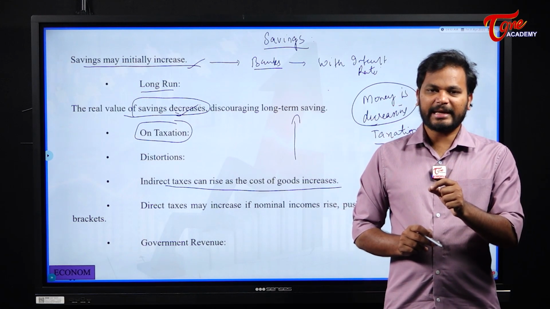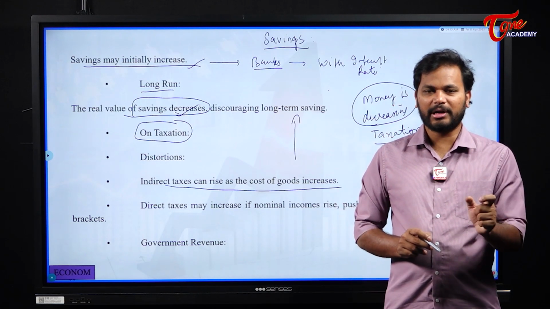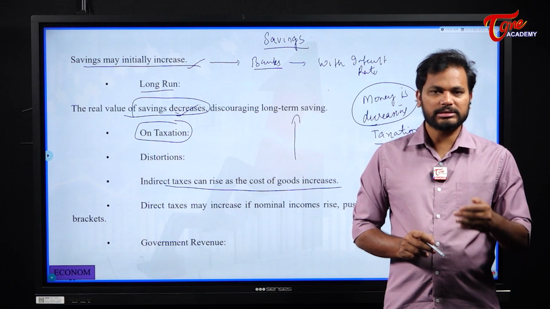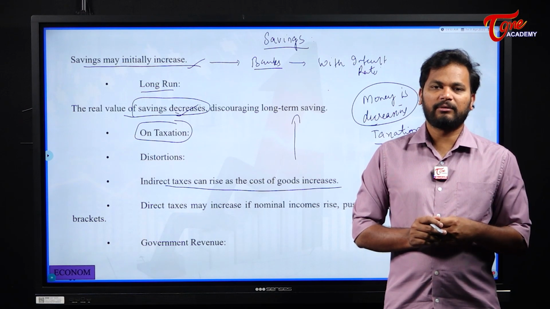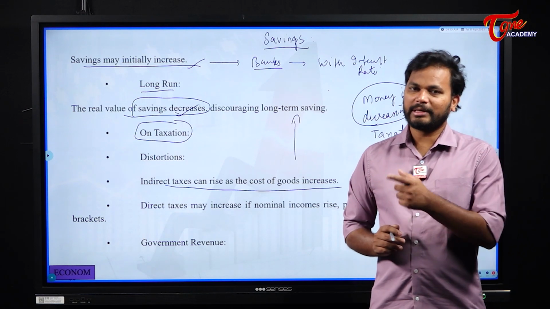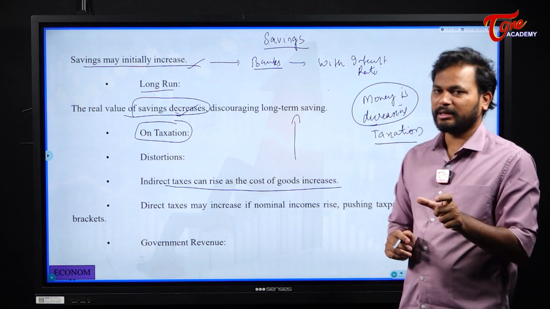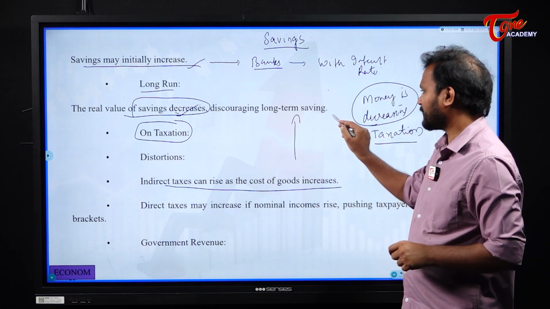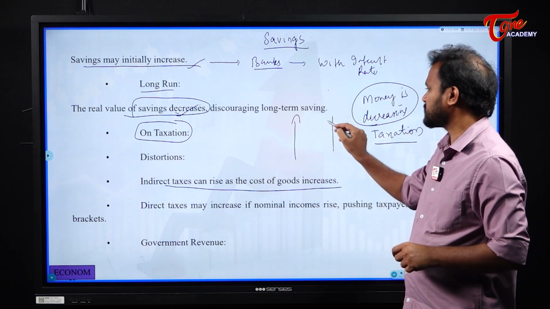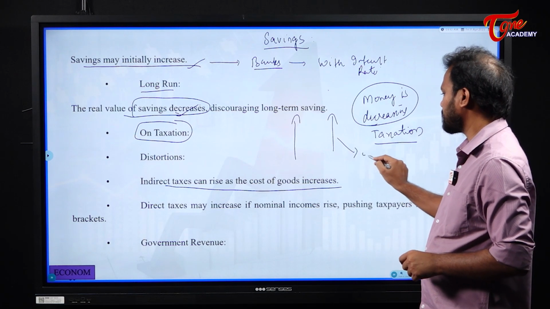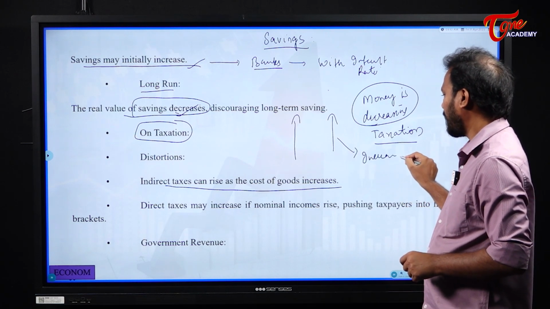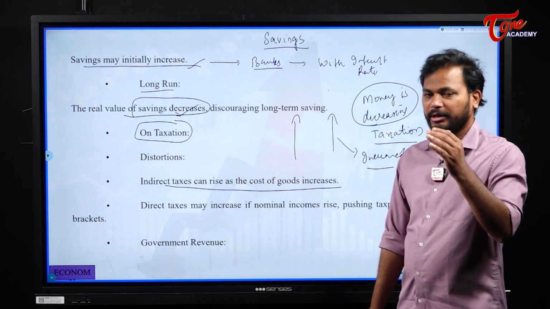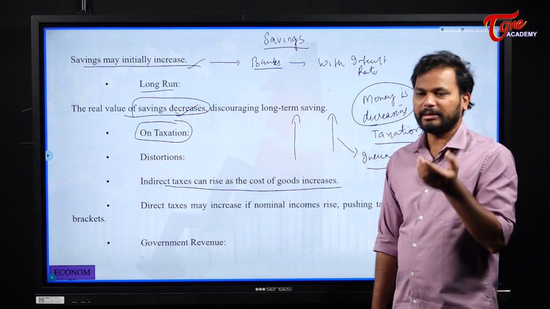Because indirect taxes are added to a particular product. Decreasing the indirect taxes will bring down the price of that particular good. So indirect taxes need to be decreased, and the direct taxes need to be increased because there is an increased circulation of money in the market. That increased circulation of money needs to be brought down by increasing the direct taxes.